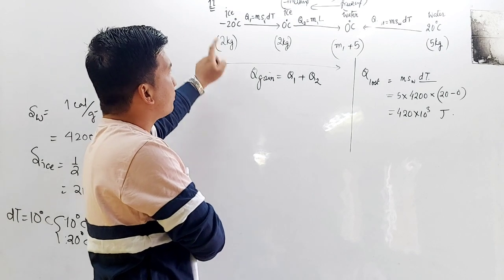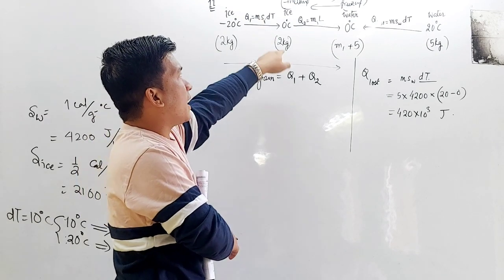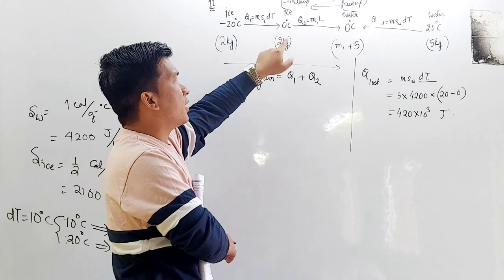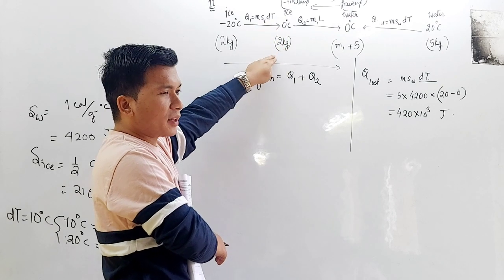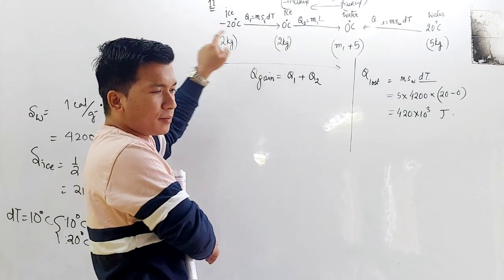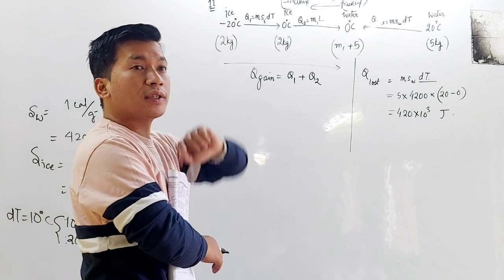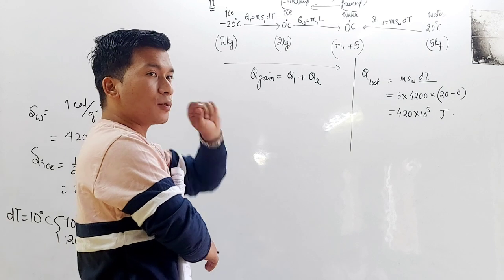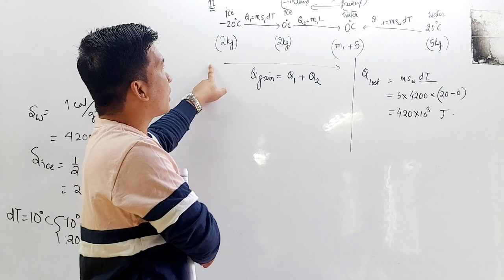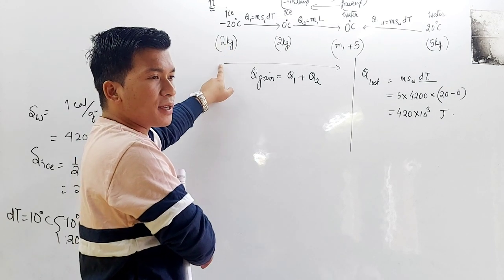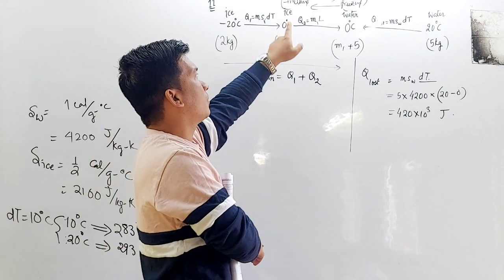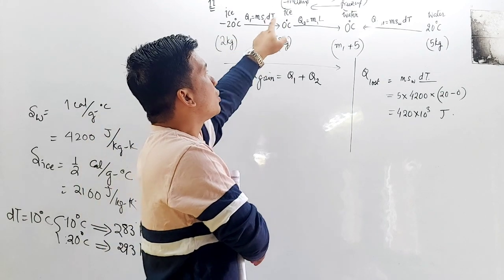Now your ice is not at 0 degree Celsius. Your ice is at minus 20 degrees Celsius, as given in the question. First of all, the minus 20 degree ice is to be heated up to 0 degree ice.